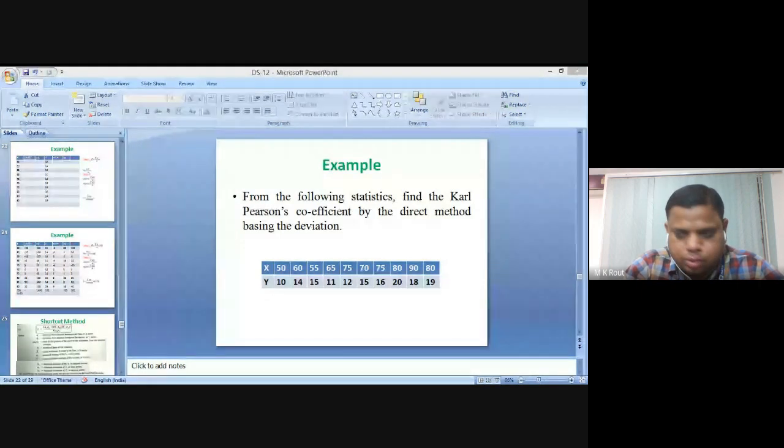Priyaranjan Sahu, what is the value of y bar? Priyanka Nanda, what is the value of y bar?